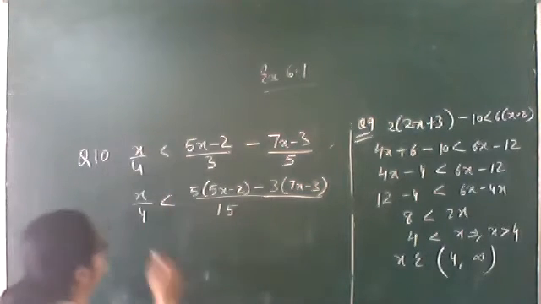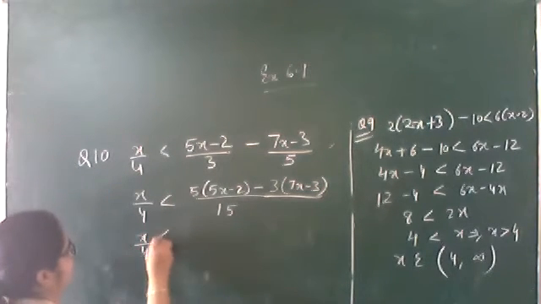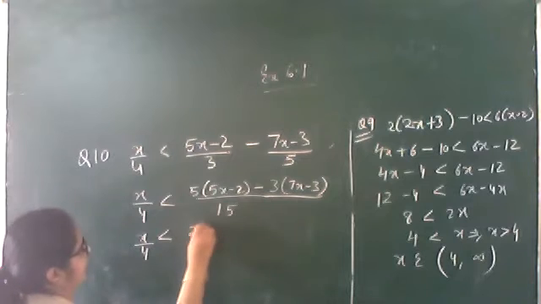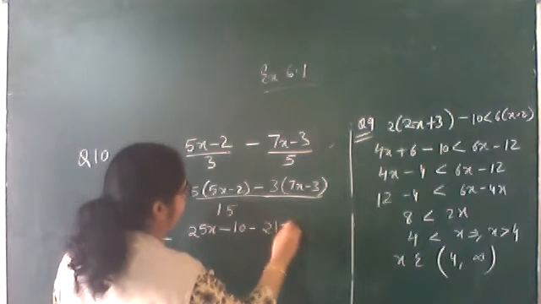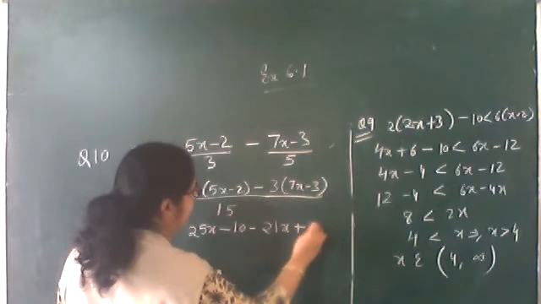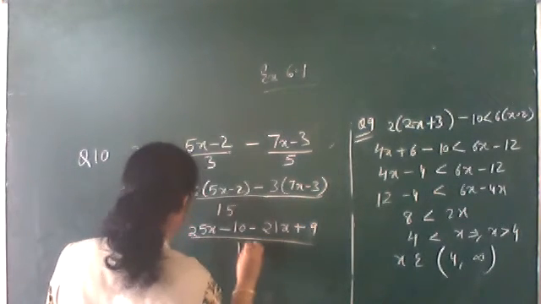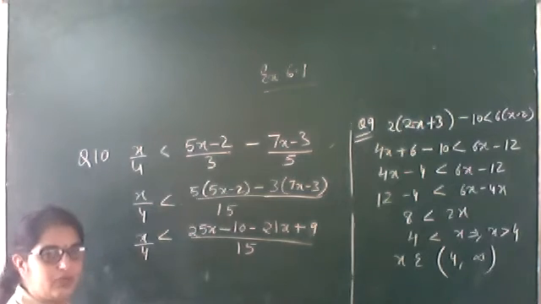Is that clear? Now x upon 4 is less than 5 fives are 25x minus 10, minus 3 sevens are 21x, minus into minus plus 9, upon 15. Clear? Now again you do cross multiplication.